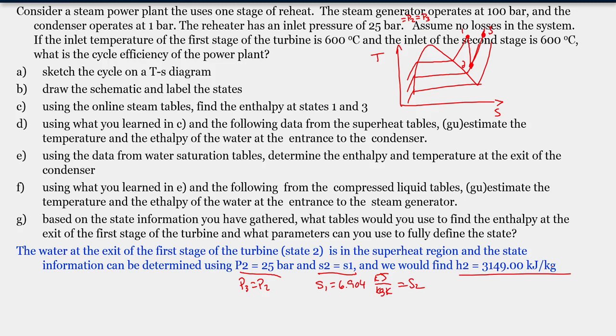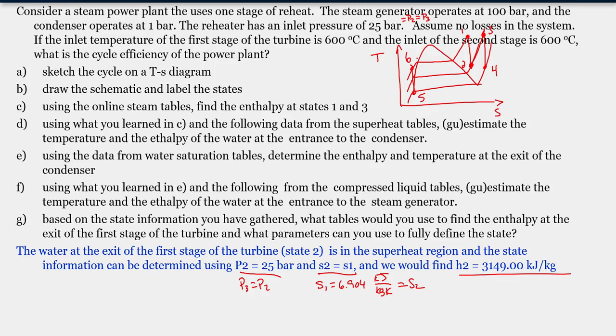At this point, we now have enthalpy values, or essentially all state information, at every single state condition in this process. So we can determine whatever information we want.